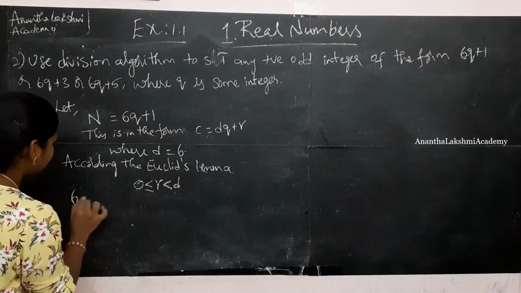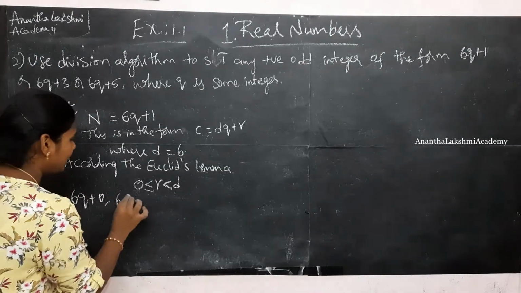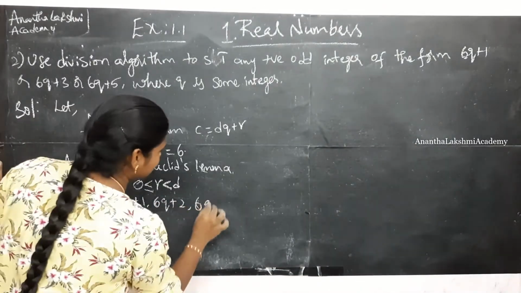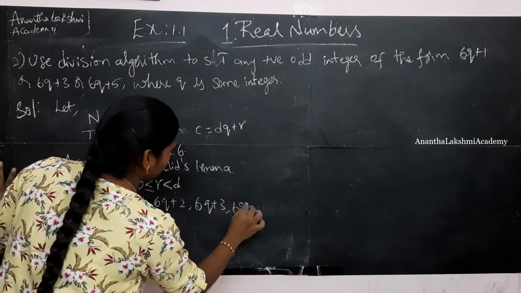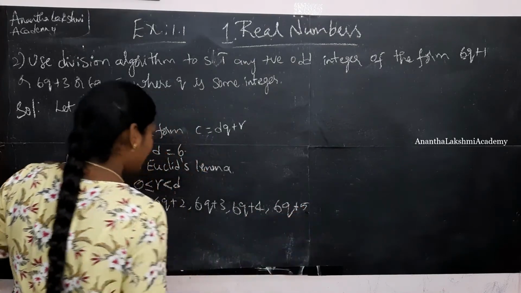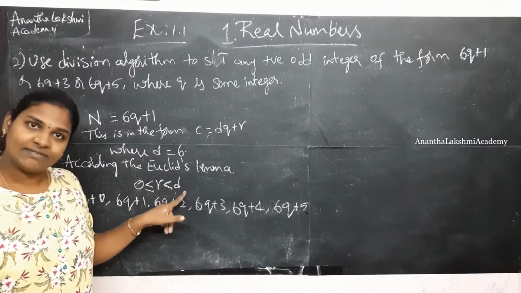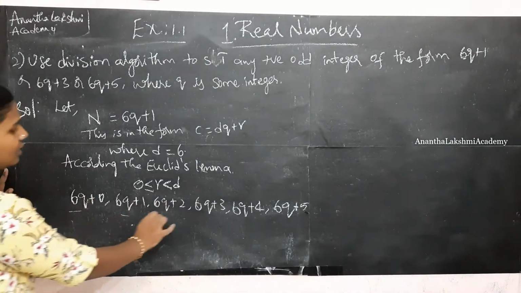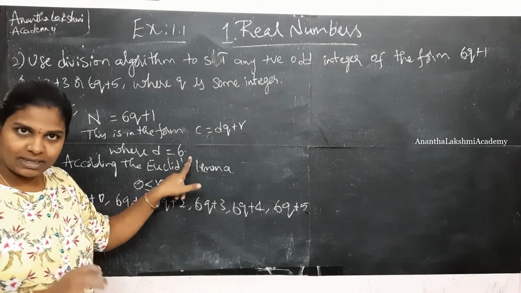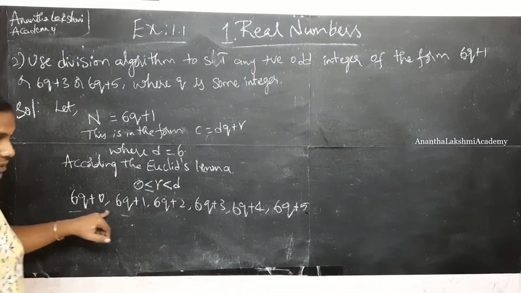It can be 6q plus 0, 6q plus 1, 6q plus 2, 6q plus 3, 6q plus 4 and 6q plus 5. Can we write 6q plus 6? No, because the remainder should always be less than the divisor. So these are all the values that we get when we divide by 6. When the divisor is 6, the remainder can vary from 0 to 5.